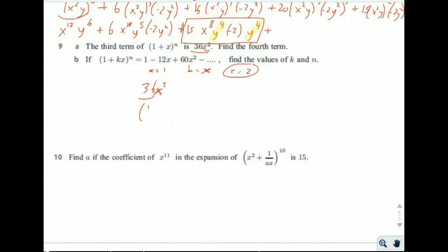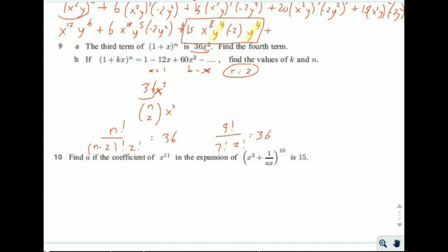So 36 is actually equal to n choose 2, and so we could figure out what makes this true. When does that equal 36? It would actually be n equals 9, because 9 factorial divided by 7 factorial is equal to 36.